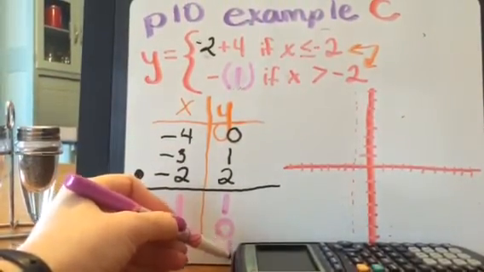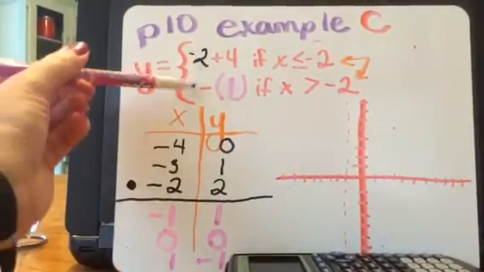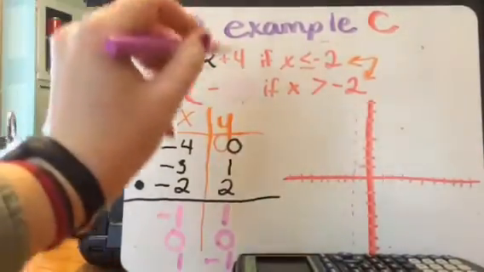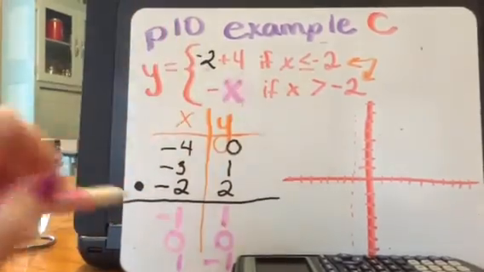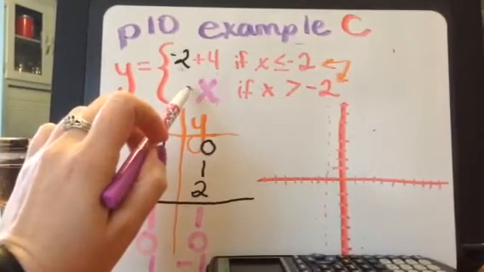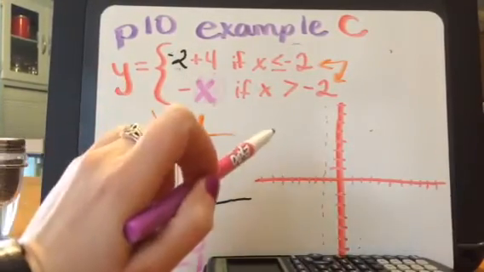We can also think of this from our previous objective, if our original rule looked like negative x. What I have is a slope of -1, so I should see a downward line here. This is a negative slope going on here.